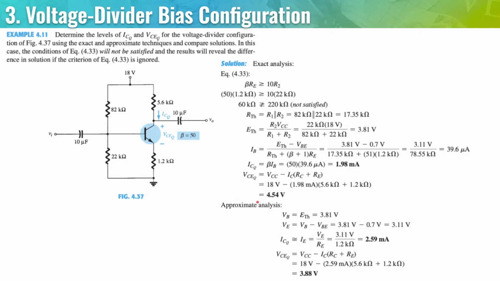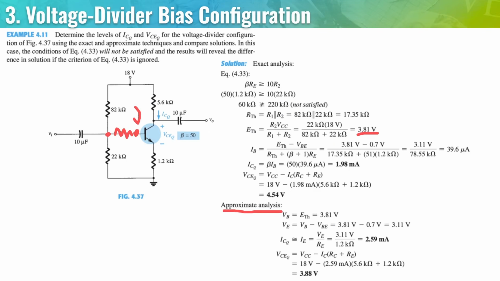Using approximate analysis, we see that the Thevenin voltage we computed earlier, 3.81, is going to be the same here and the same here. So again, that's what I meant by ETH and VB being two different measurements. However, if we're approximating, then we are ignoring the voltage drop across the resistor.